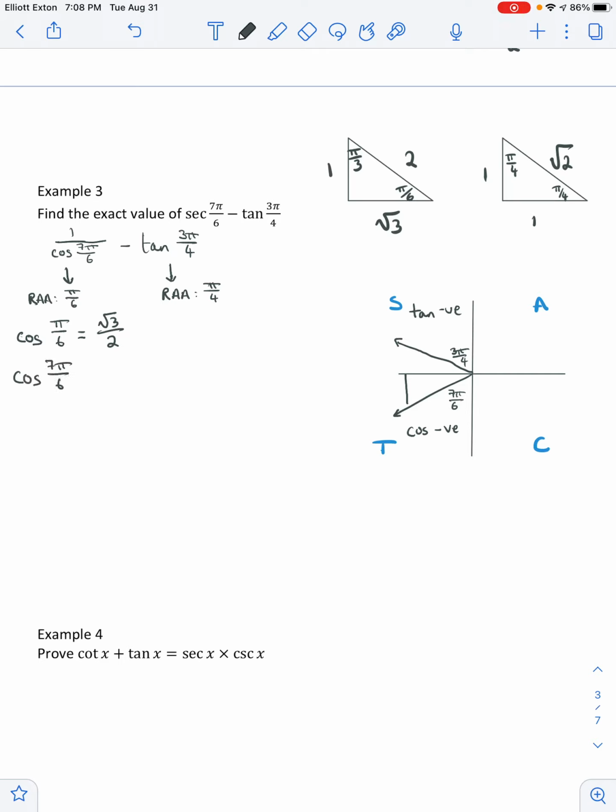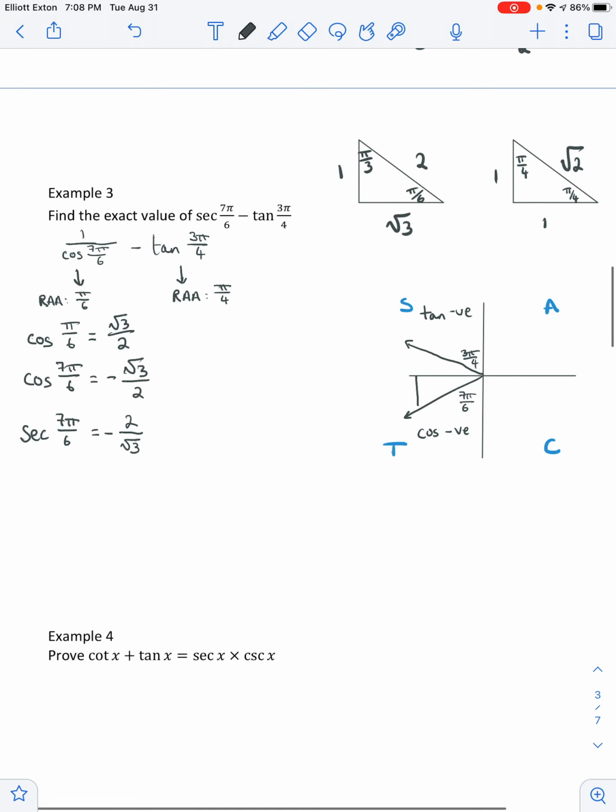So cos of 7 pi over 6 is negative root 3 over 2. And then what we need to consider is actually we needed to find the secant of 7 pi over 6, which is the reciprocal, so we need to flip it upside down. So there's negative 2 over root 3.